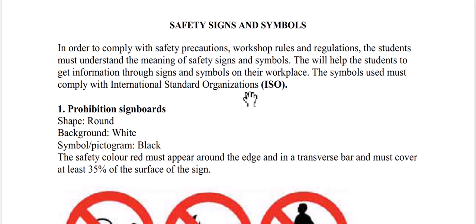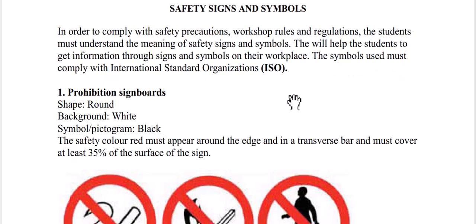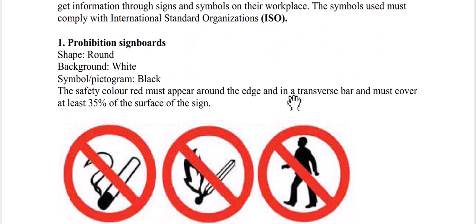It is not a nice practice to have a symbol and a sign in Tanzania that would mean something else apart from what we mean in another country. So to make things standard, to be understood by every person from any corner of the world, the standard was set by the ISO, and these are some of those things that are set in the standard.